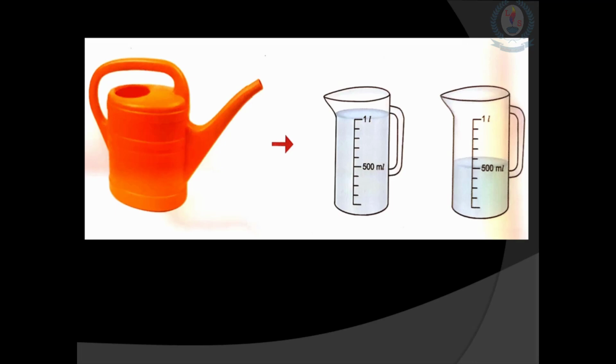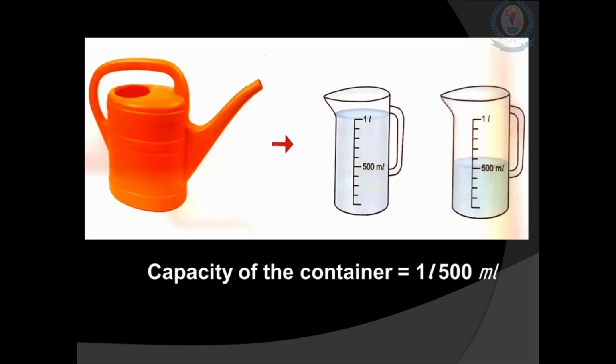So, we can say the capacity of the watering can is 1 liter and 500 milliliters. That's how we use a 1 liter measuring jug to measure the capacity of containers.